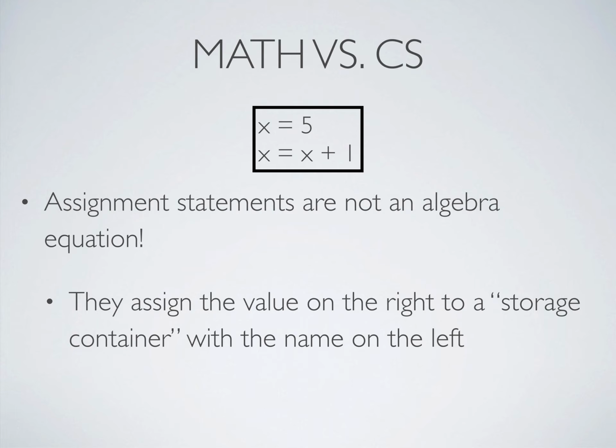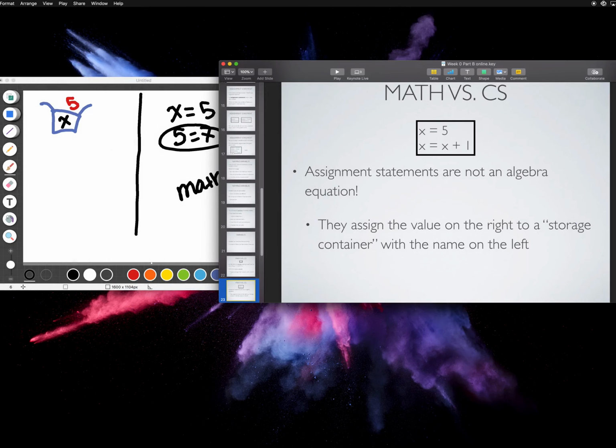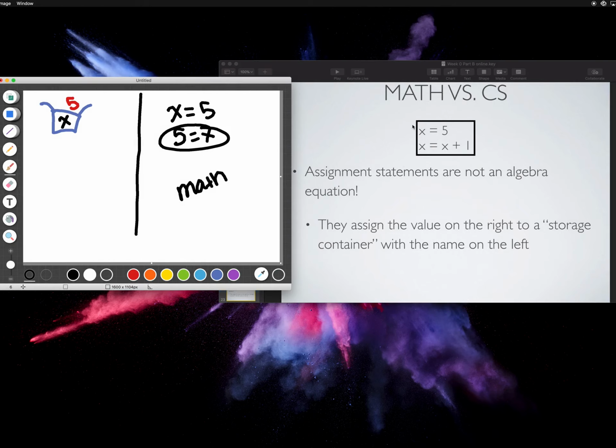So going back to this drawing that we did, this first line right here, x equals 5, if we're thinking in computer science, this is an assignment statement. It stores this value 5 into this variable, this box labeled x.